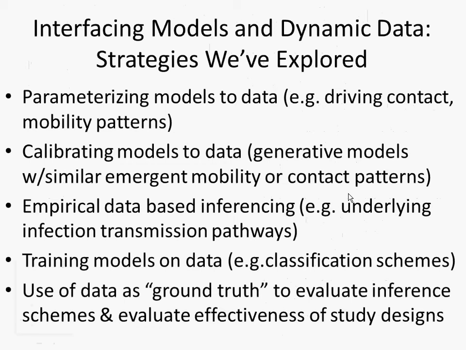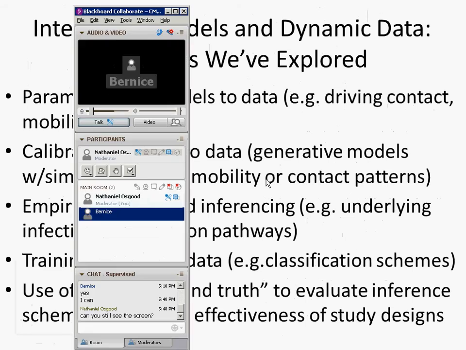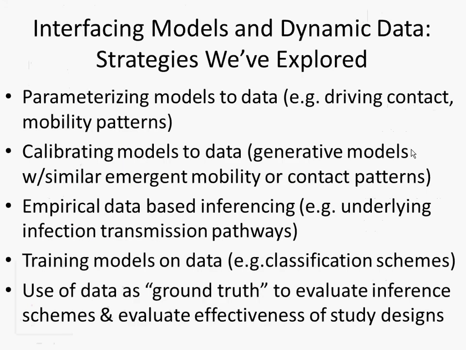We can calibrate models to data, to see if the models reproduce certain patterns in the data. We can also do some inferencing based on the models that allows us to estimate certain aspects of state charts that would then go into the dynamic model. We can train the models on the data.